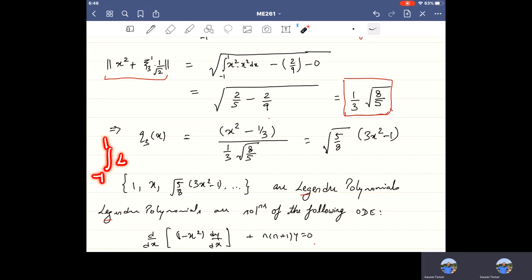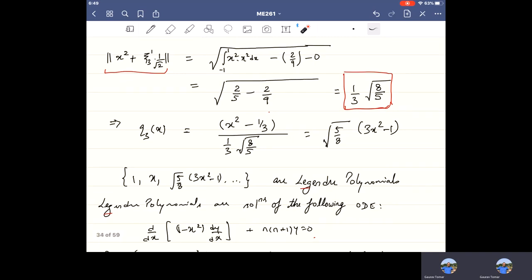Let's say Legendre polynomial 1 and Legendre polynomial 2, their inner product is going to be 0.